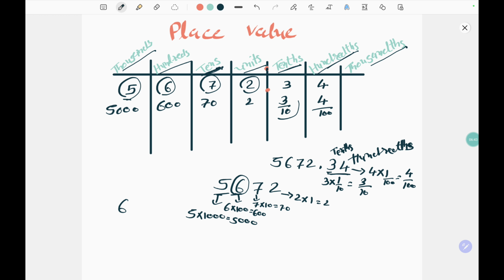So if I say 600 pens, the difference between 6 and 600 is too big, right? The 6 looks the same, but because of where it is located, which place it stands on, that is the most important. That's why place value is really important, and try to understand it.